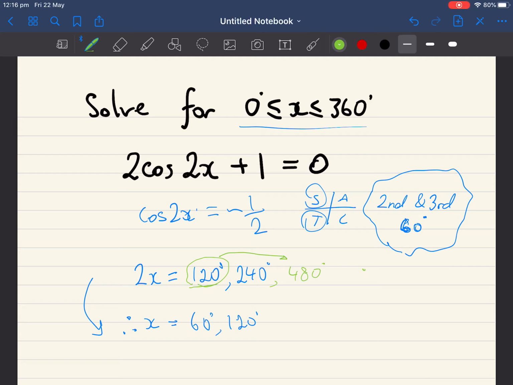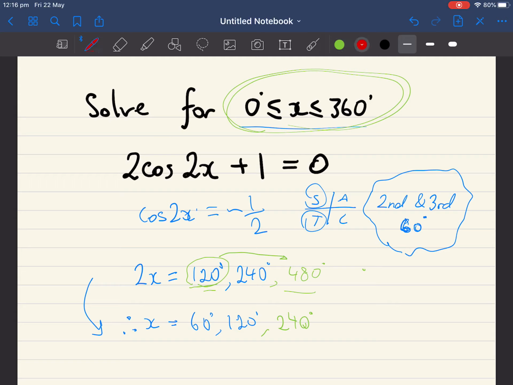Why have I done that? Because when you do your final step of dividing by 2, 480 degrees divided by 2 ends up getting 240 degrees. That is also a solution that works, right? Because if it works for 120, it's also going to work for 480. So 240 degrees is also a solution, and it happens to fit inside our domain.